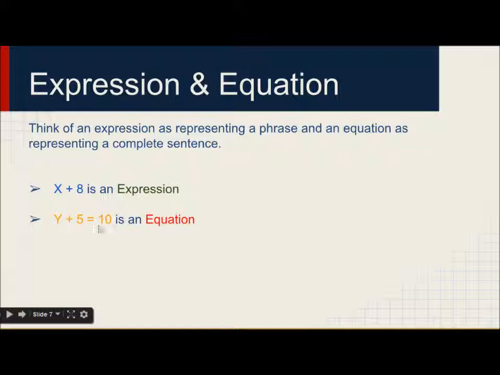We are saying that y plus 5 is equal to 10 is an equation because it completes the sentence. Here it is just an expression. We are just adding 8 to some unknown number, but we don't know what we are trying to achieve with that. This is just an expression. In an equation, we know the end result. Y plus 5 is equal to 10. It's a complete thing.